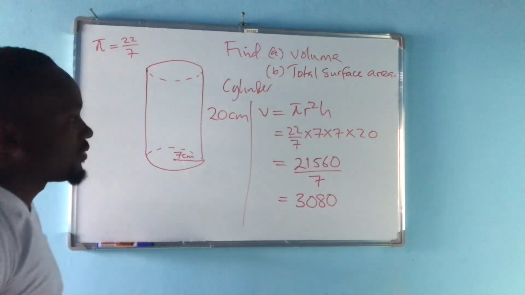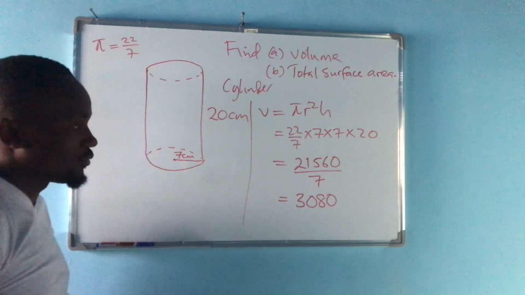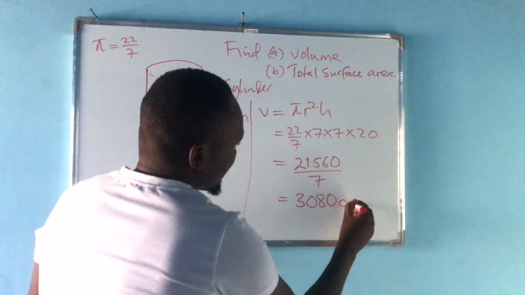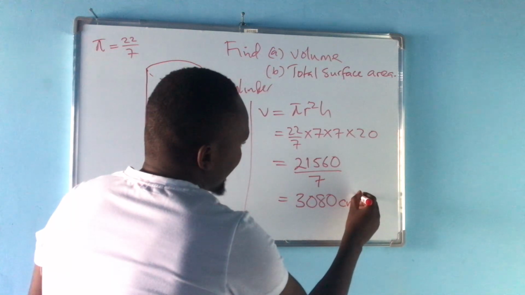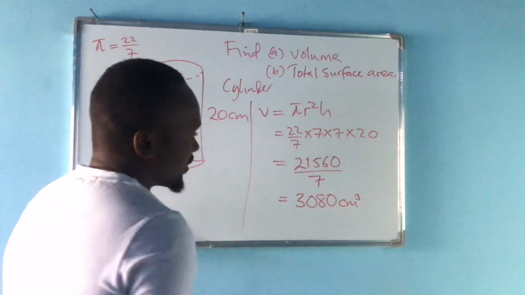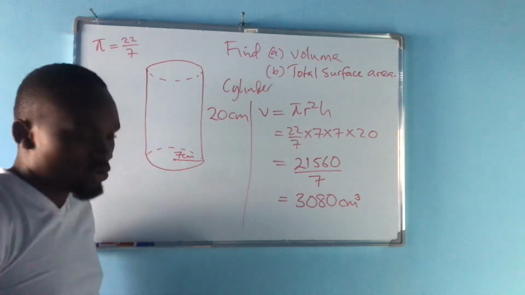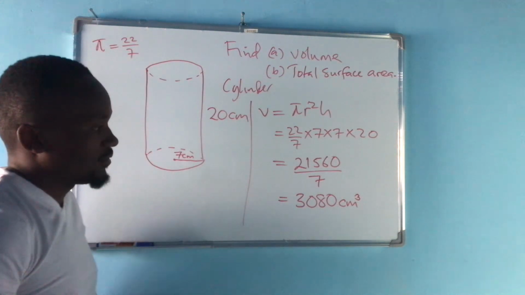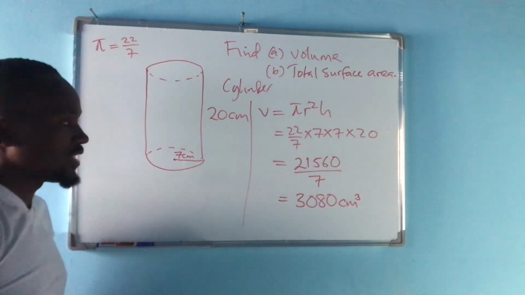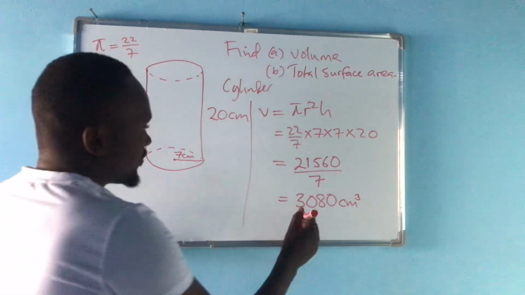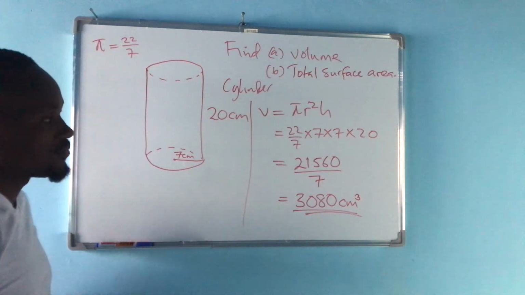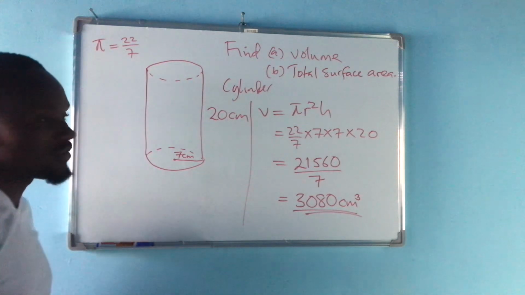Because we are finding the volume, this is going to be 3,080 centimeters to the power 3, or cubed centimeters, or centimeters cubed. It's the same thing, but we shouldn't have a 2 there, we should have a 3. So that's how you go about finding the answer for the volume.